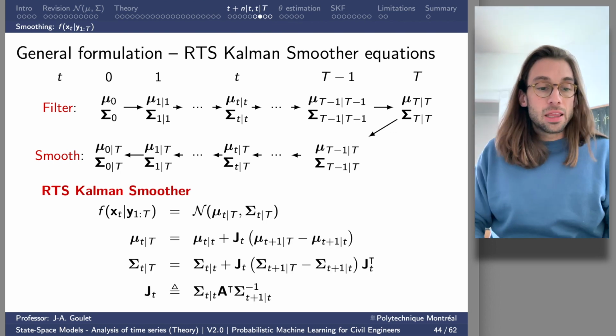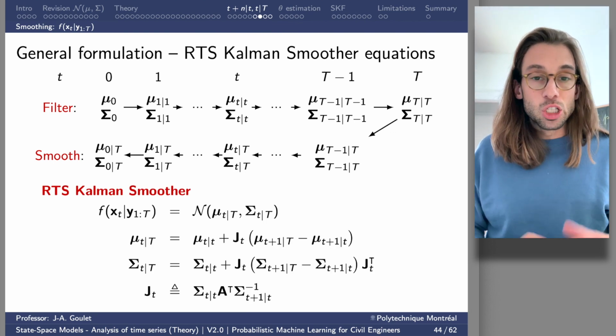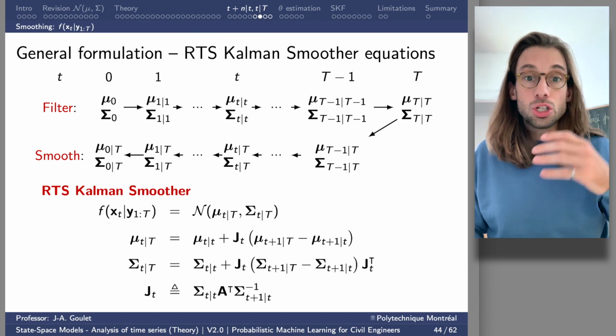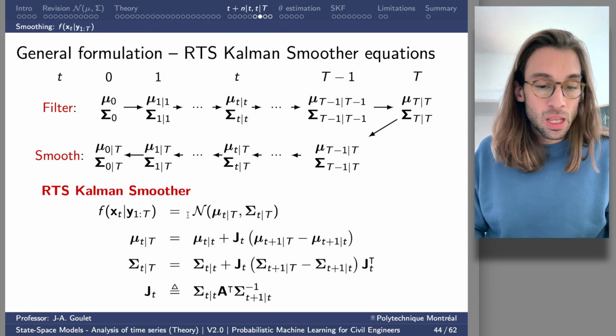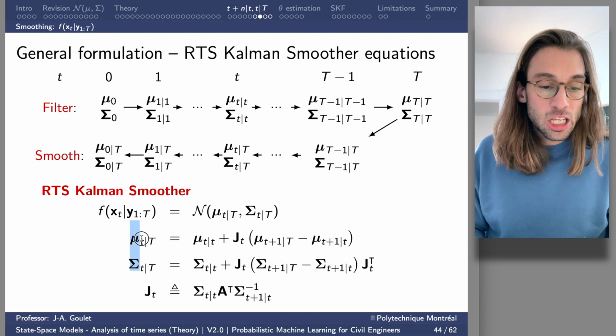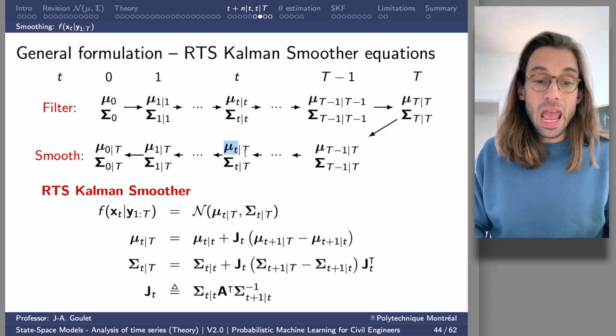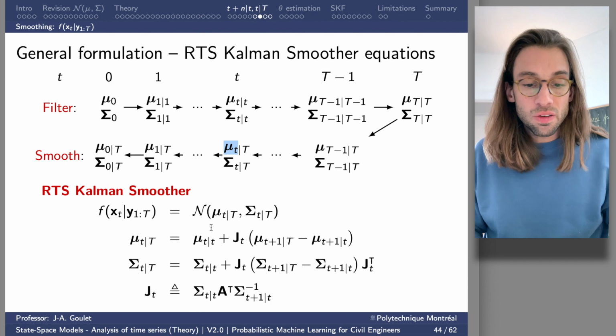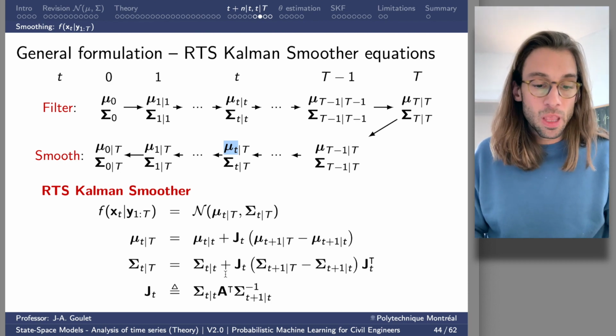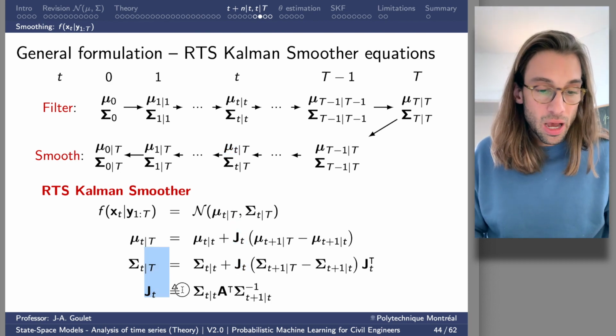If we look at the RTS Kalman smoother, this is the typical formulation to do that smoothing. Here we can obtain the expected value of mu t given capital T. We want to obtain our best estimate at time t given all the data before and after, by recursively applying this step where J is given by this formulation.